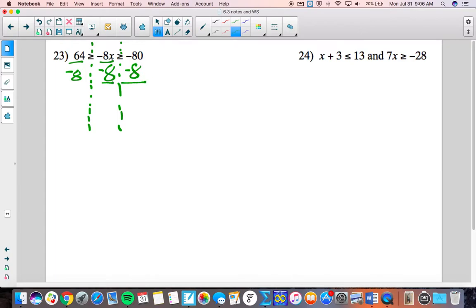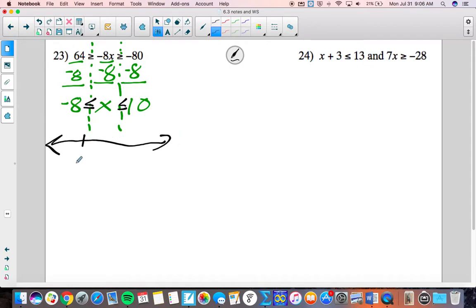So on the left, we get -8. On the right, we get 10. In the middle, we get x. And now we flip our directions so they're going this way. Put your smallest number on the left, bigger number on the right. Did I say smaller and bigger? Hopefully, because there's only two, so we're just using -ers.